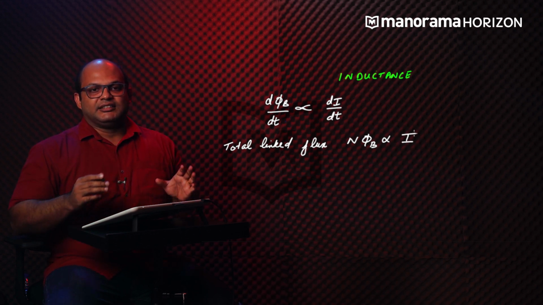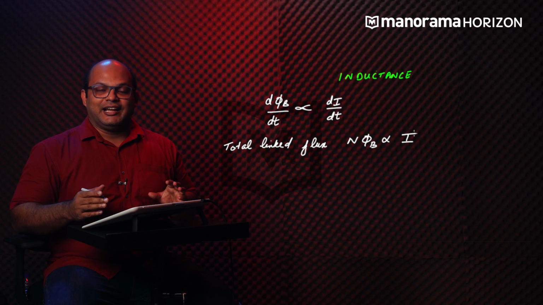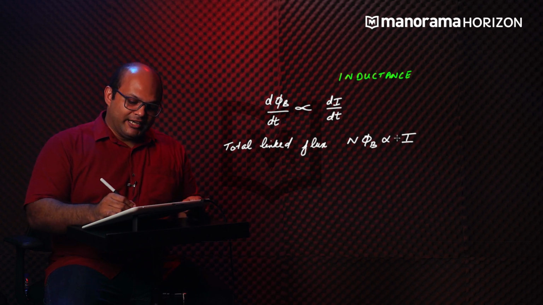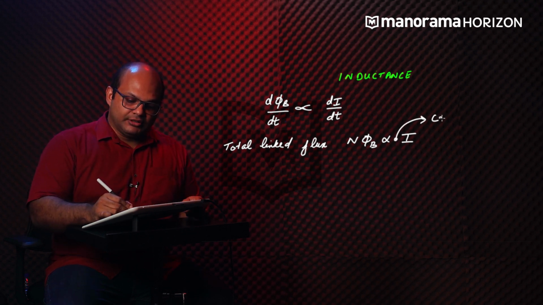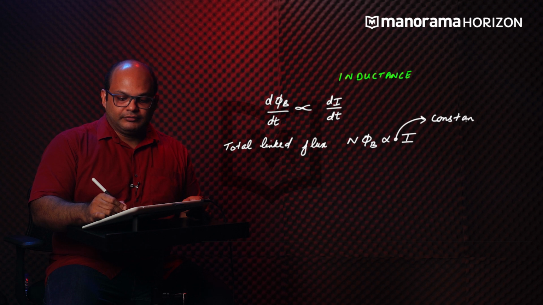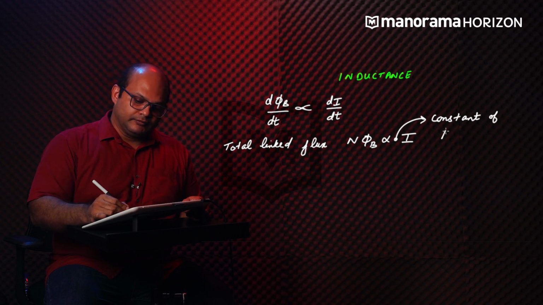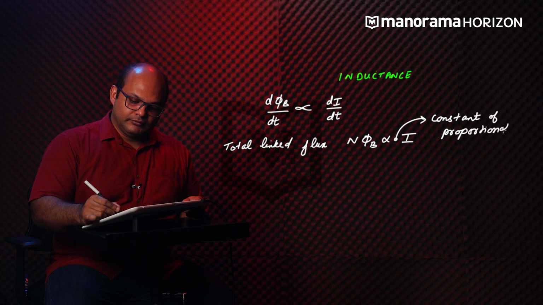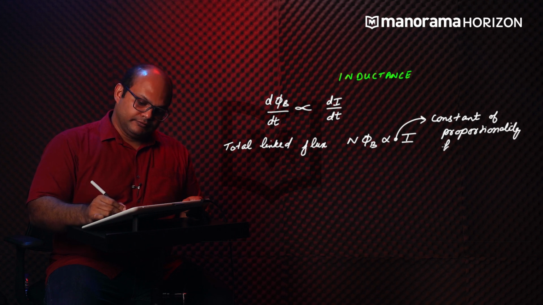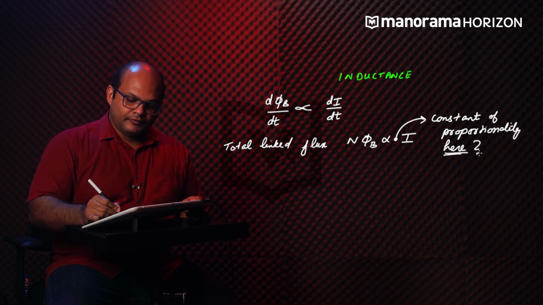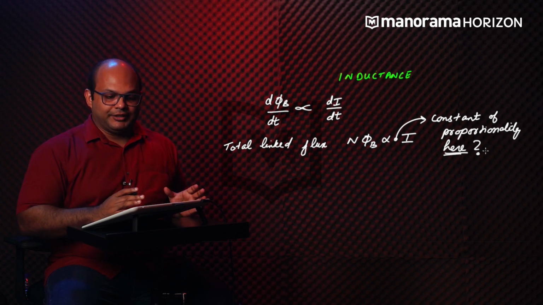So we see that this is a proportional relationship. We need an exact relationship. So I need some kind of constant of proportionality here. So what is this constant of proportionality?